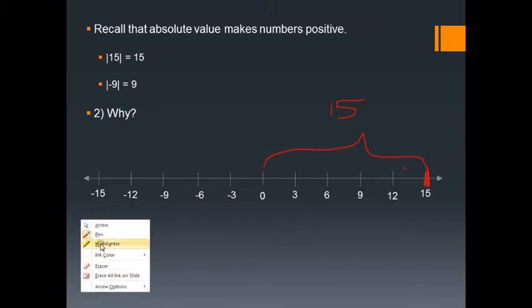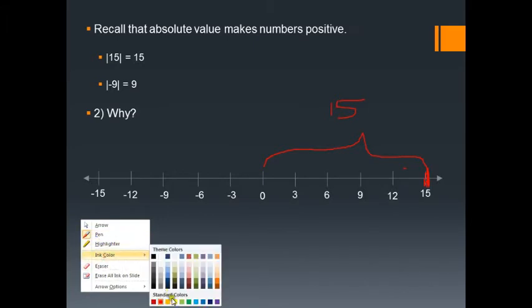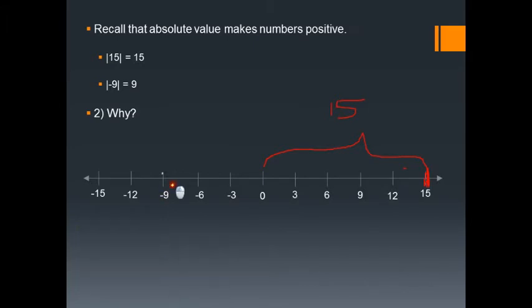Well, how about if I look at, here's negative 9, and I look at the distance from that negative 9 to 0. Well, from here to there is 3, 6, 9.